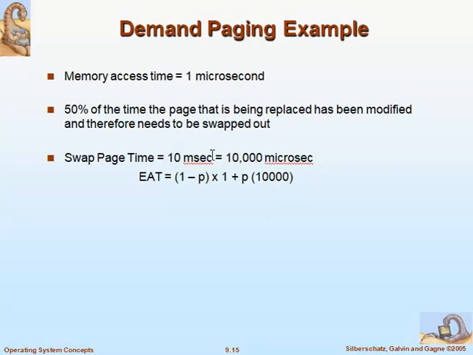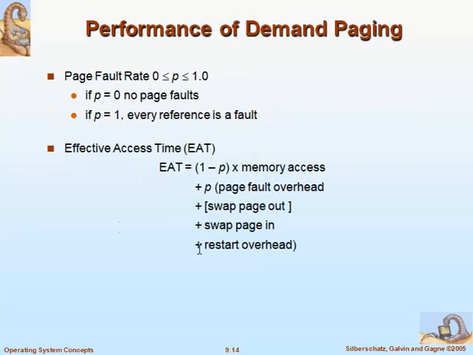We are not considering additional overheads. If we calculate the effective access time: (1 minus P) times 1 microsecond plus P times 10,000. So any time we have a page fault, there is a drastic increase in the access time. The effective access time will increase drastically whenever we have a page fault.